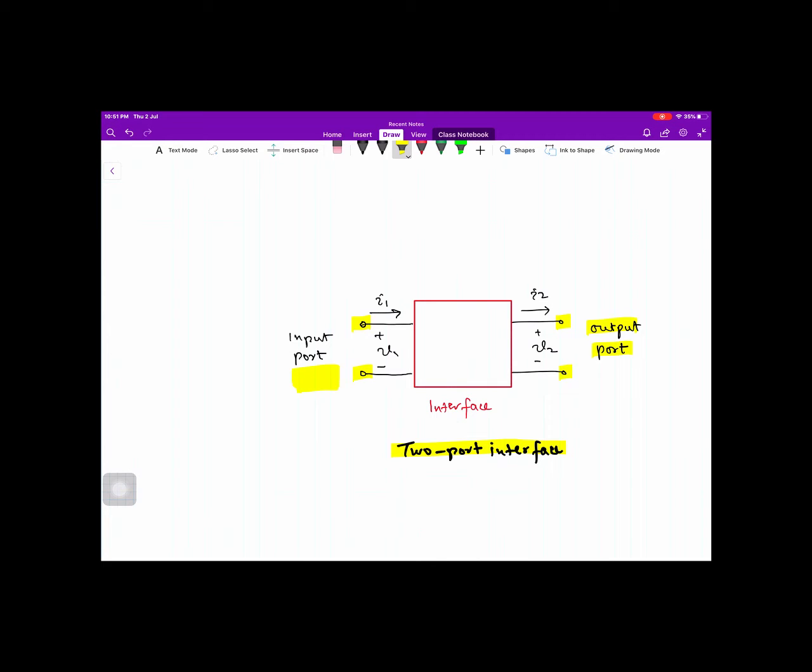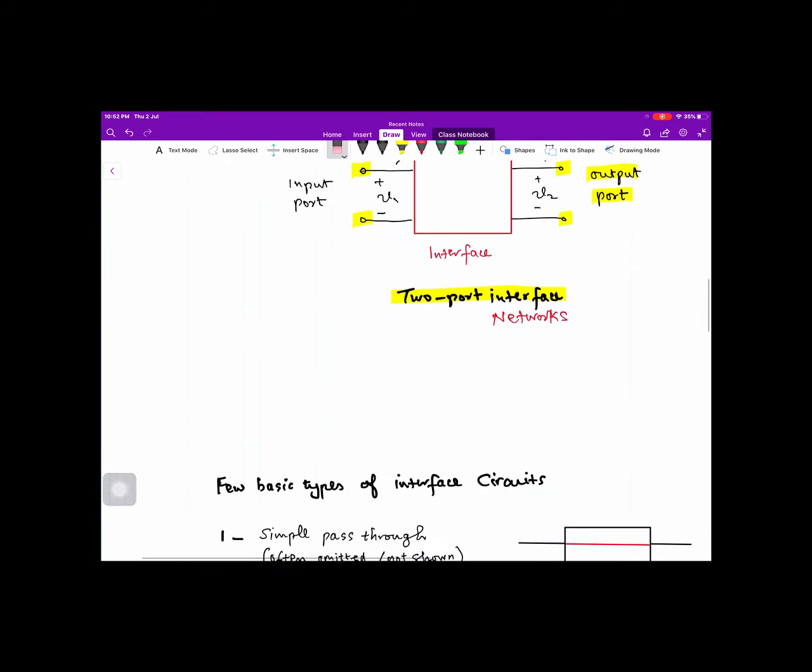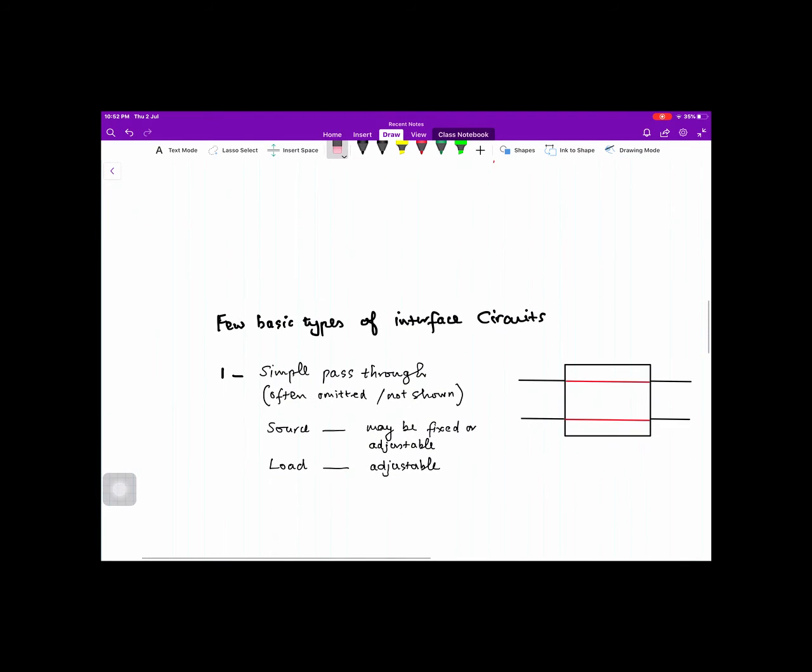In some texts, you will also see two-port networks, analysis of two-port networks, which is a very important topic in electrical engineering, and you will study many types of interface circuits in the following courses.